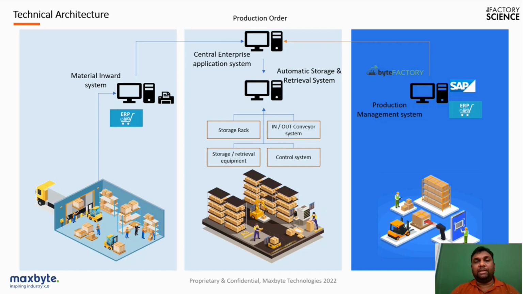All these commands will be coming from the central storage retrieval system, and that can be again integrated with our production system, so that the request will be coming from the SAP or ERP from the production shop floor, communicating again with the central server. Also the materials will be automatically taken and given to the required stations or required assembly lines.